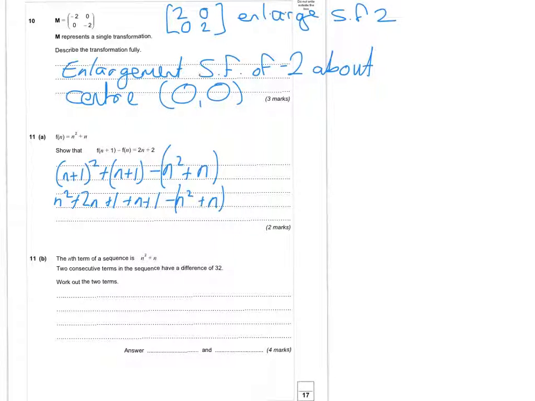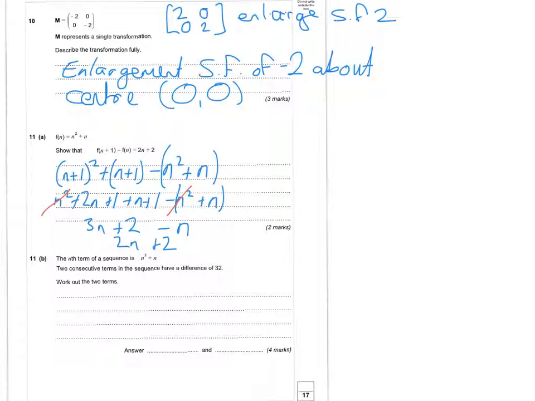Okay, so we've got n squared minus n squared, they're just going to cancel out. That leaves me with 3n plus 2 minus an n, and that leaves me with 2n plus 2.